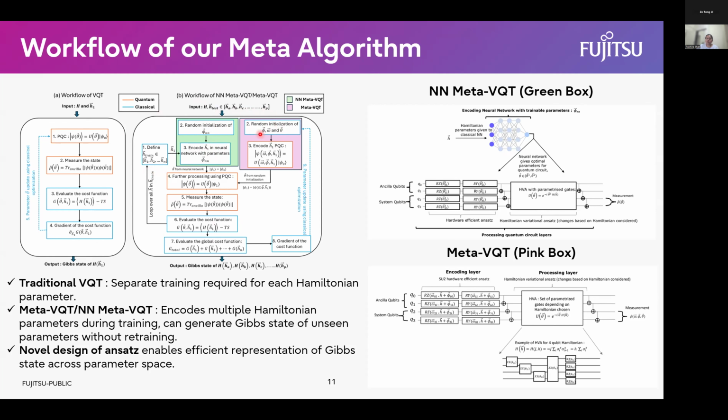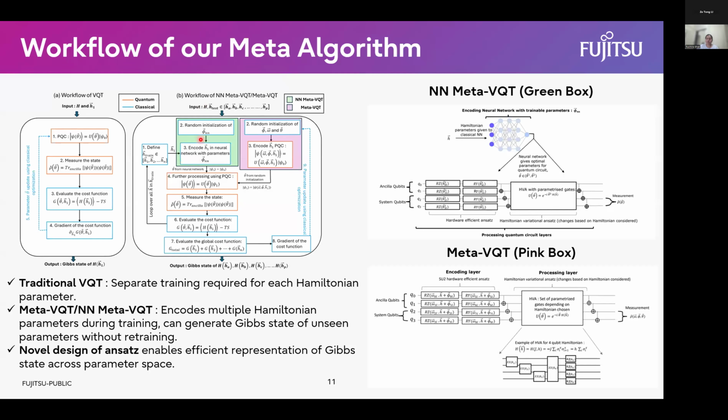Both of these blocks are then followed by another processing layer, which is a parameterized quantum circuit. After this, we measure the state of the system, define and evaluate a global cost function and its gradient, and then perform the optimization over either the neural network as well as the parameterized quantum circuit.